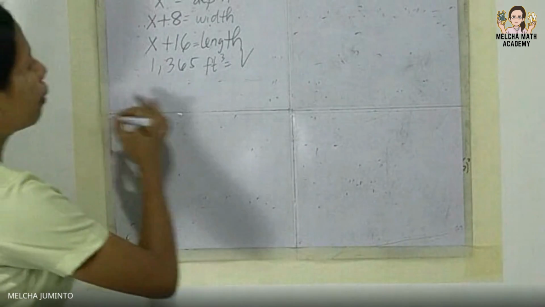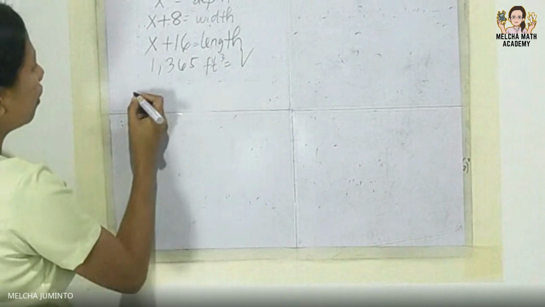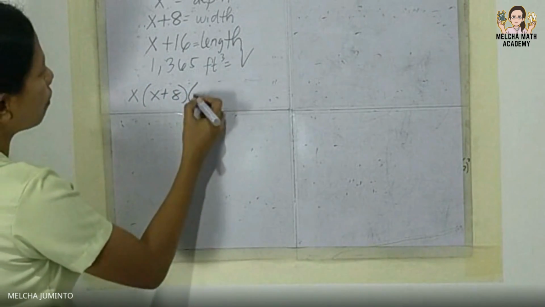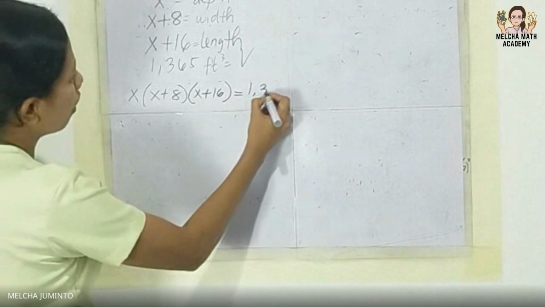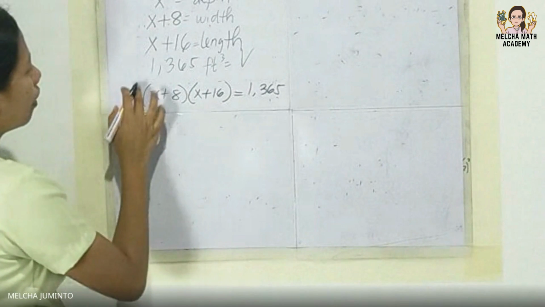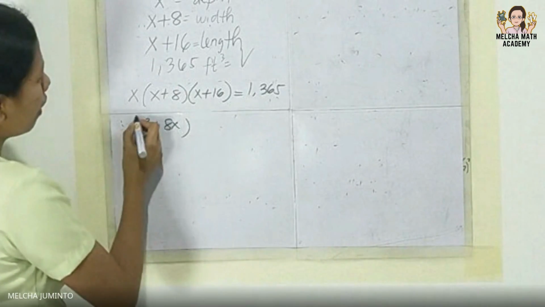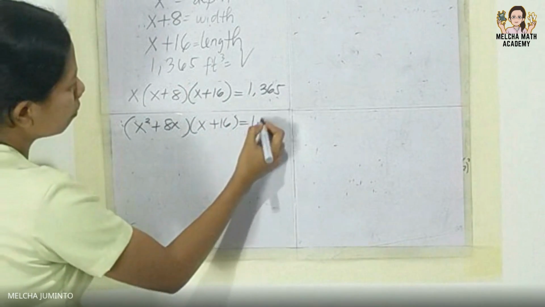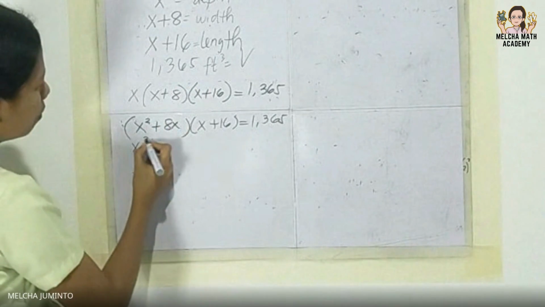So we will now write the equation for the volume. We start with the depth x times the width x plus 8 times x plus 16 equals the volume, 1,365. And then the distributive property first, x squared plus 8x. We have a binomial times another binomial. Use the FOIL method: first terms, x cubed.